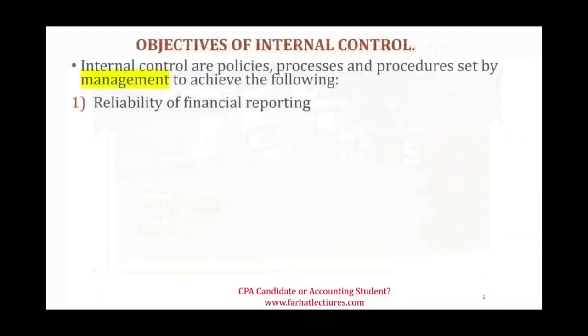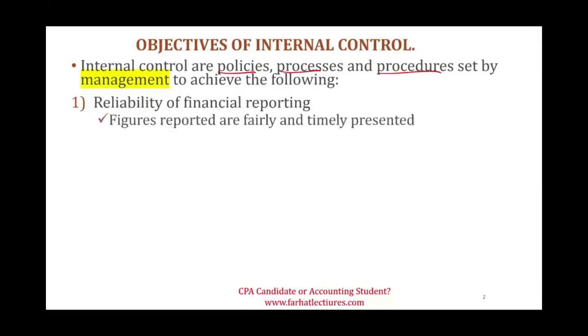Now let's talk about specifically what internal control is. That fort is basically policies, processes, and procedures, set up by management to perform the following objectives. We have 4 objectives. One, reliability of financial reporting. This is what I meant by the accounting information system. We want to make sure that the figures reported, whether externally or internally, are fairly and timely presented.